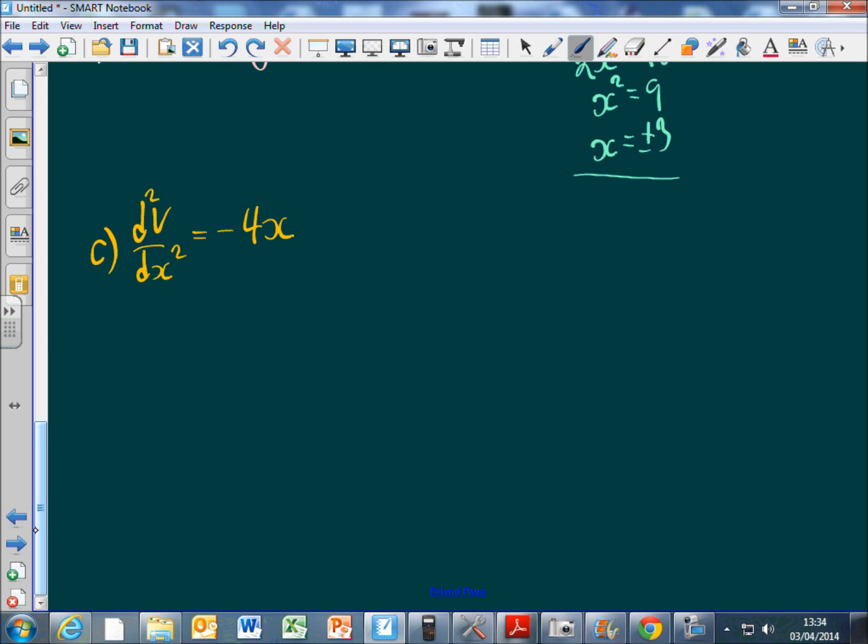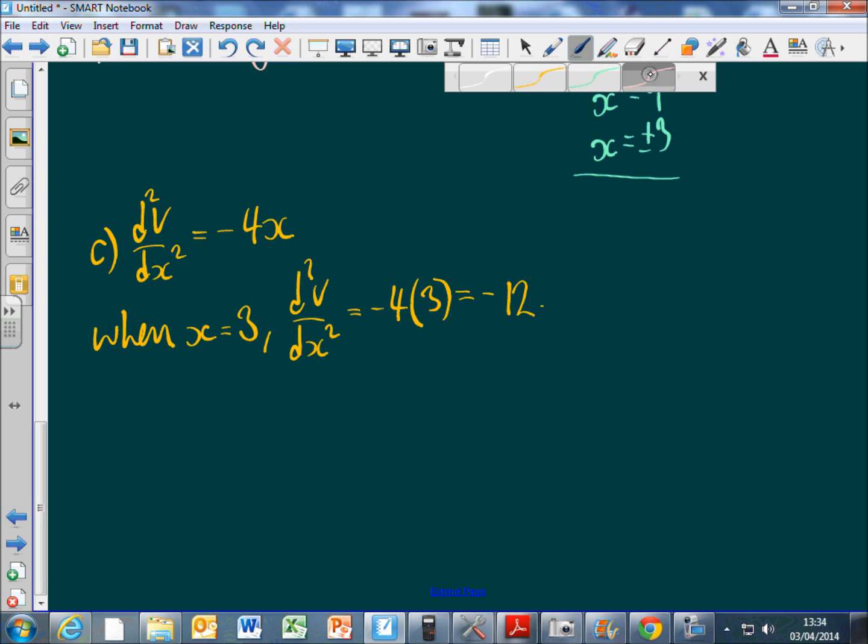And when x equals 3, the second differentiation equals minus 4 times 3, which is negative 12. Okay? And then you need a statement like this. Some of you guys on your mark didn't put this.